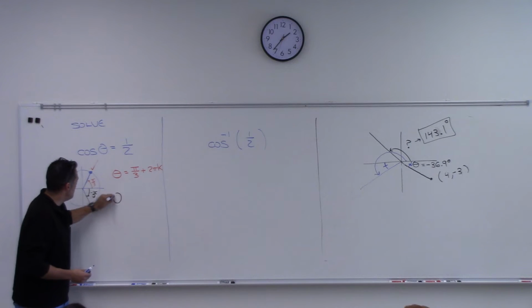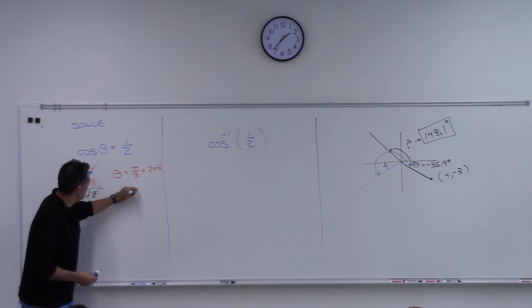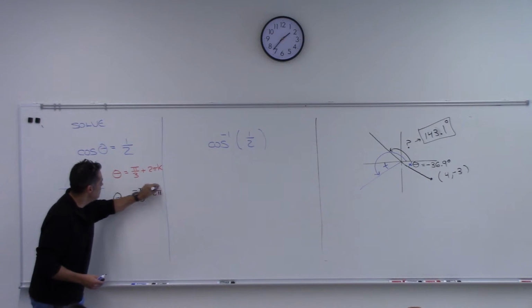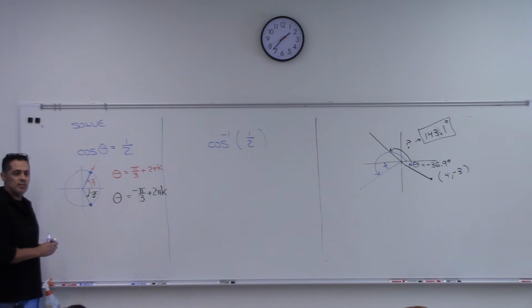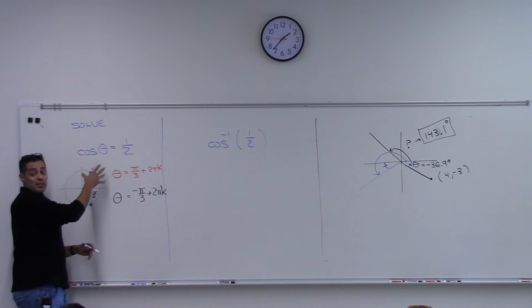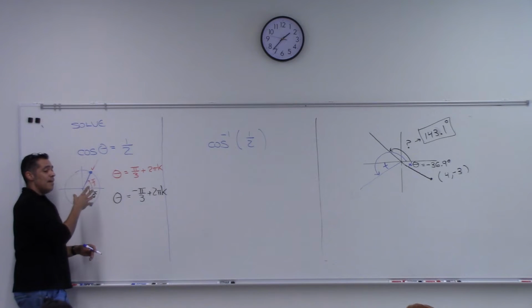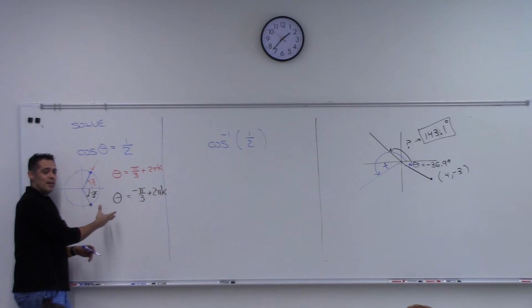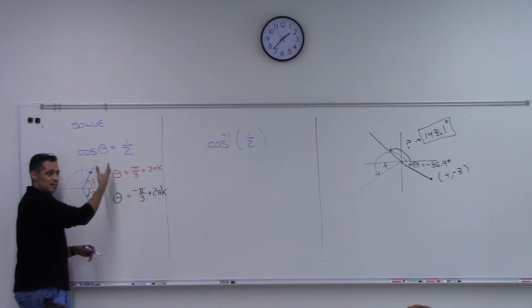So this would be theta is negative pi over 3 plus 2 pi k again, because you have to go all the way around to get to another answer. So for this trigonometric equation, you have 2 sets of infinite numbers of solutions, right? 2 sets of these.